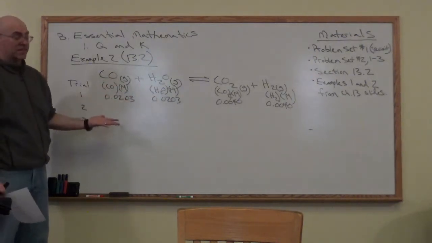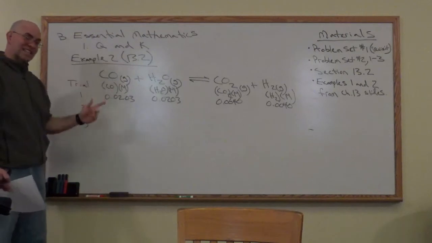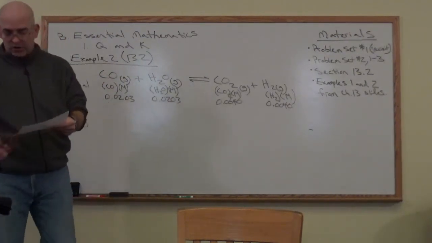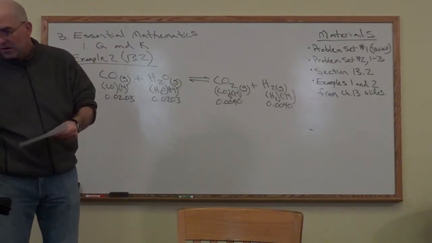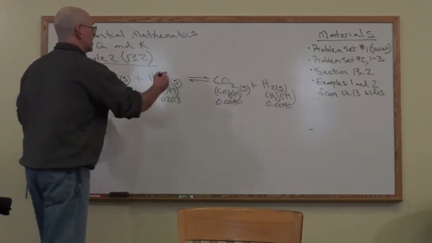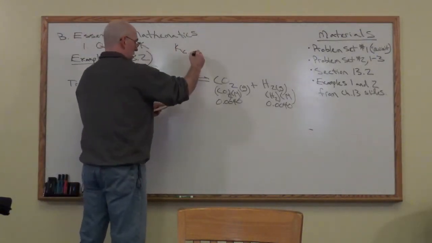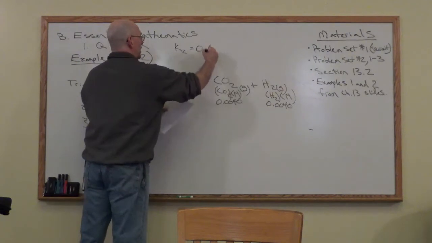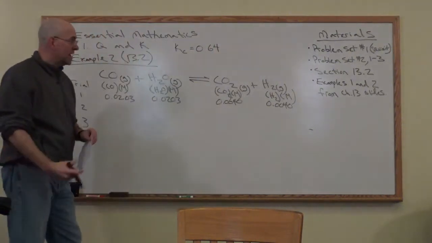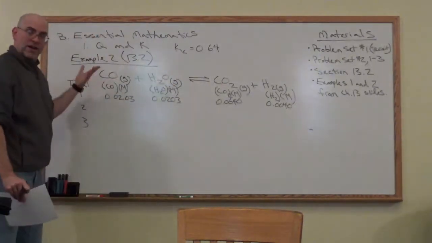So the basic idea for this is calculate your Q. In this case, it'll be a QC. Compare it to the K value. Oh, I'm sorry. You're given something here. You're given the fact that Kc equals 0.64. And it actually has no units, which makes sense because Kc is going to be, and this is balanced by the way, every coefficient is 1.